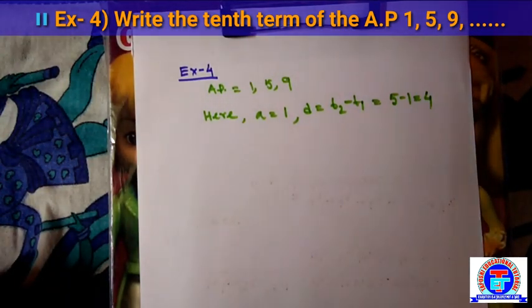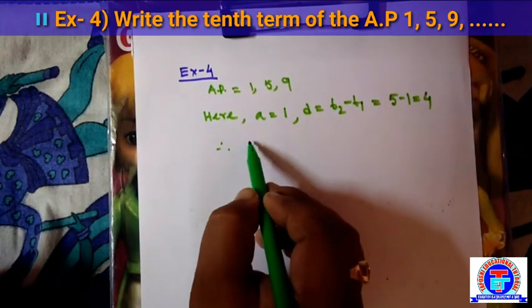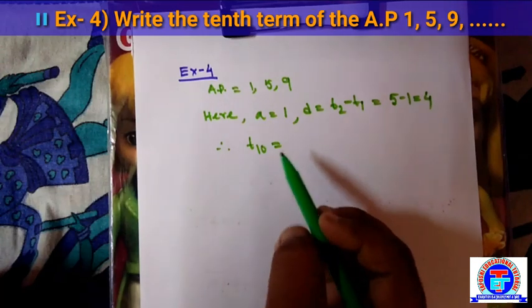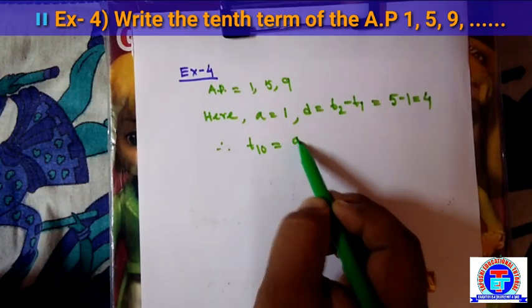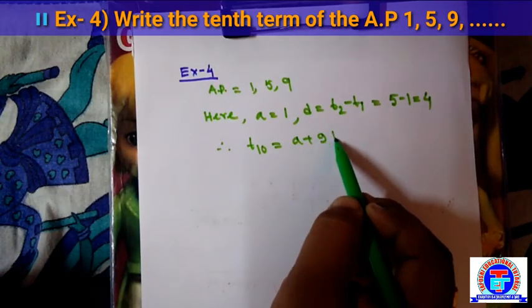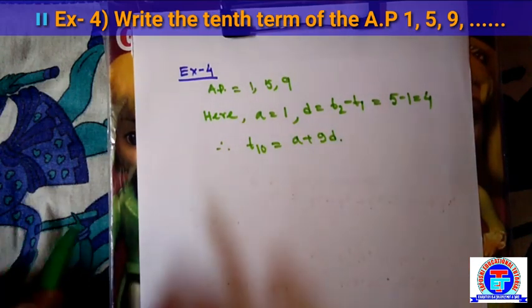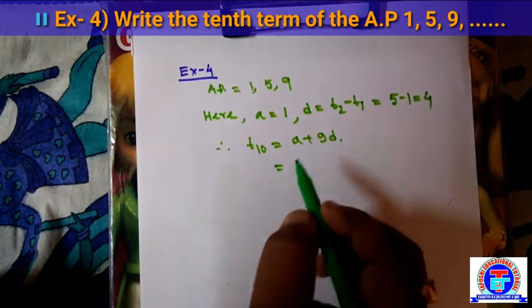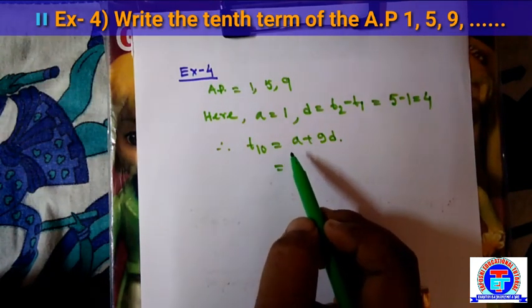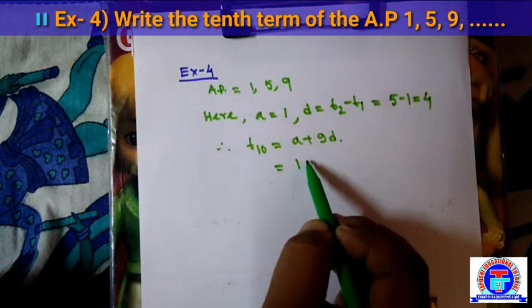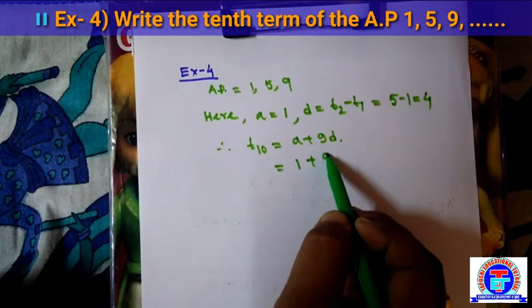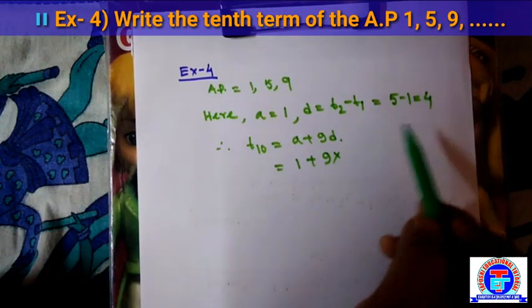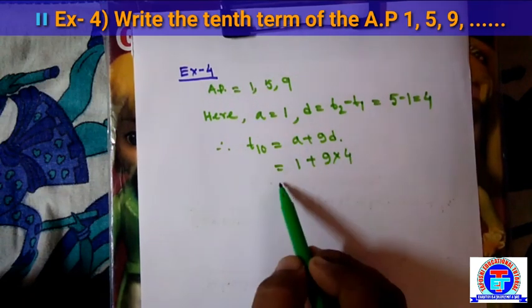Clear? So therefore T10 is equal to a plus 9d. Now put the values of the given data, so 1 plus 9 into 4.